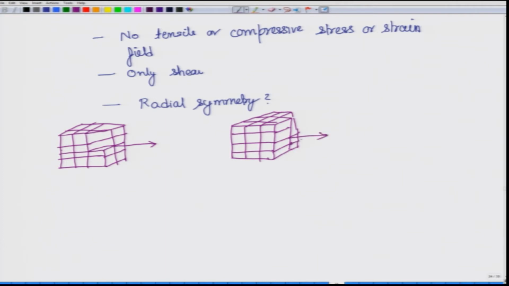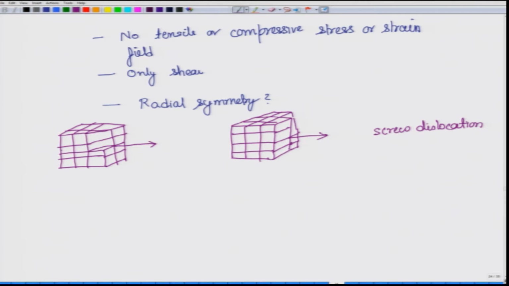So, what we see is that both of these drawings represent the same screw dislocation. So, first try to convince yourself that this is the one and the same screw dislocation that is being represented in the two diagrams.